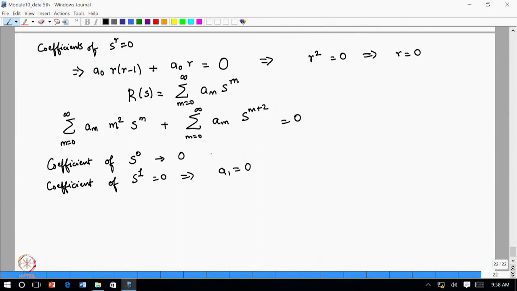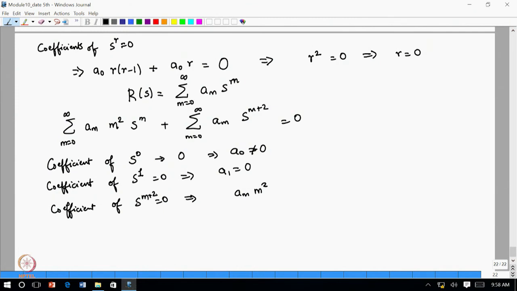So we assume that a 0 is not equal to 0, a 1 equal to 0, and a 0 we will choose arbitrarily. Now, what about the coefficient of s raised to m plus 2?